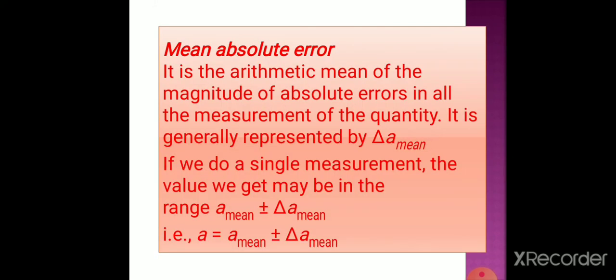Mean absolute error is the arithmetic mean of the magnitude of absolute errors in all the measurements of the quantity. It is represented by delta A mean.